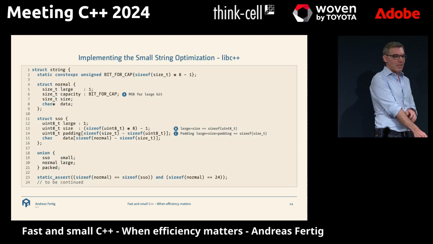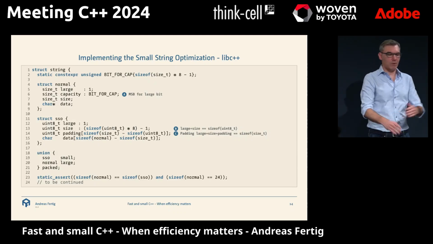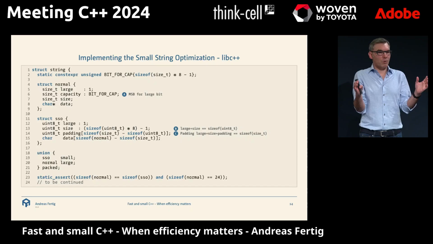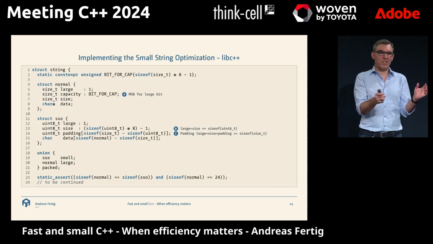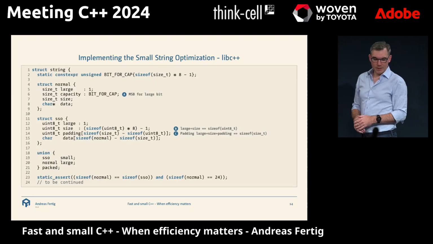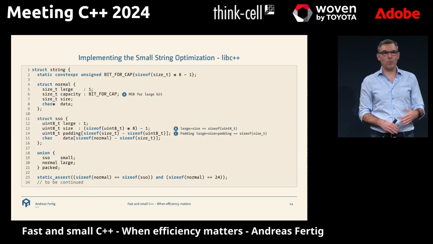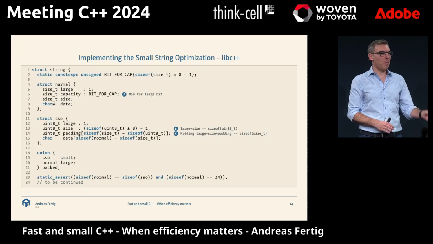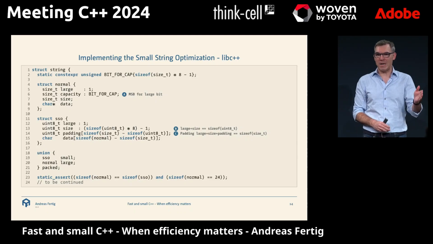And data now has the size of the struct normal minus 1 size_t. So assuming 64-bit, size_t 8 bytes, 24 bytes we want in total, that means a 16 byte SSO buffer. Minus 1 for the null terminator, that means this implementation gives you 15 bytes of payload.